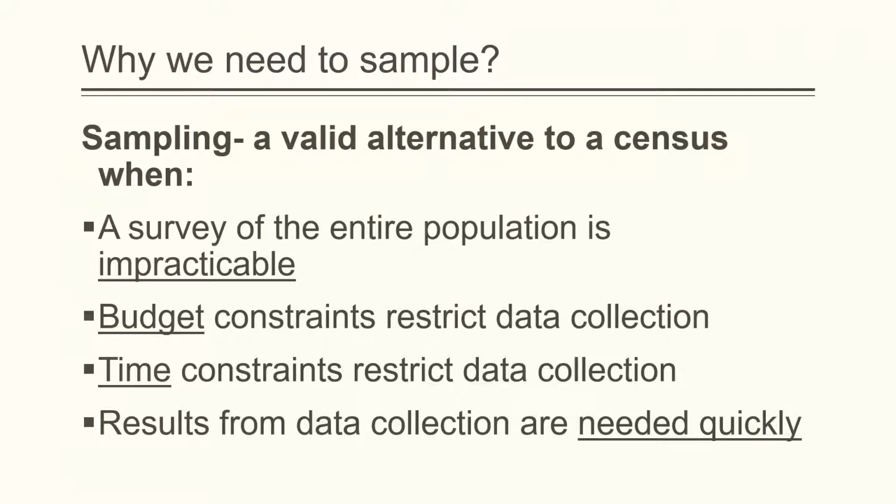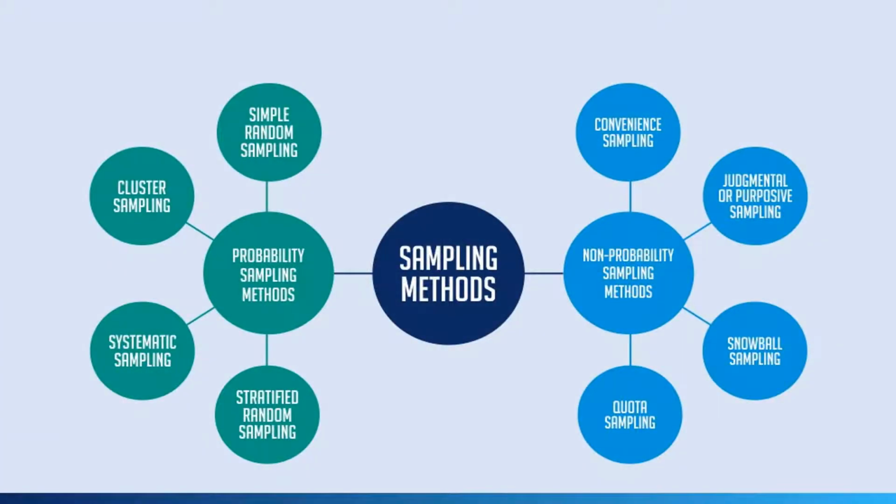Okay, now let's have sampling methods. So what would be the kinds of sampling techniques? When we were in our basic education or even in our college, we encountered the sampling techniques. So these are the sampling methods, okay? As we can see here, there are two types of sampling methods.